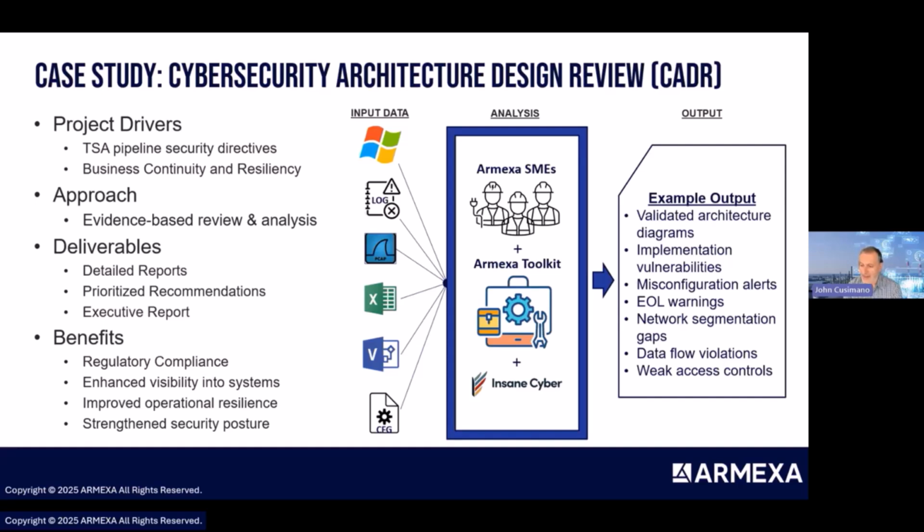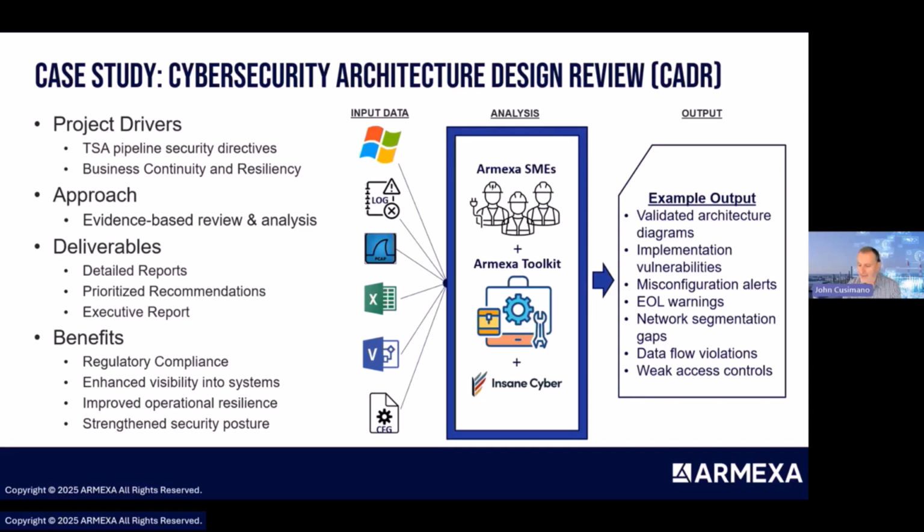But oftentimes it's more implementation vulnerabilities, where, for example, there is improper network segmentation, improper configuration, particularly in the network equipment, misconfigurations, and information about products that are end of life. Certainly those that have known software or firmware vulnerabilities also need to be pointed out in this process.